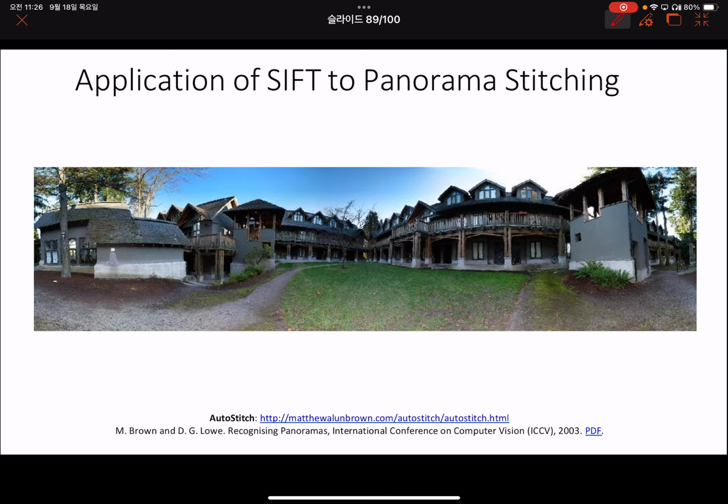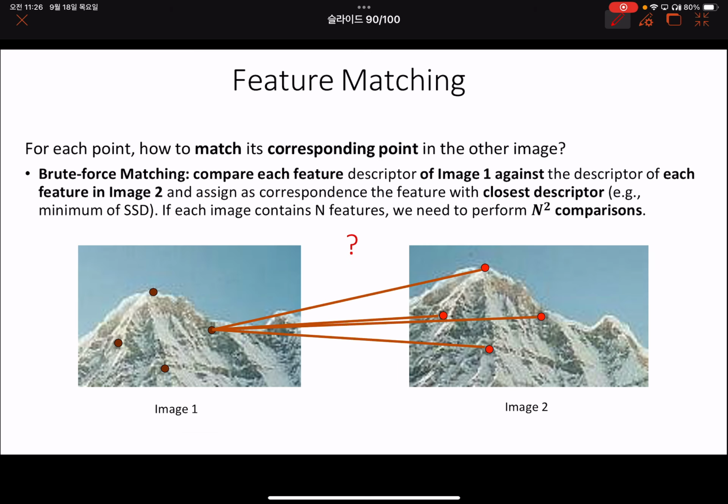And as I said, we can use SIFT for panorama stitching from images from multiple viewpoints at different time steps. We can stitch them together, warp them together to make a long, wide-angle image. The remaining thing is matching.